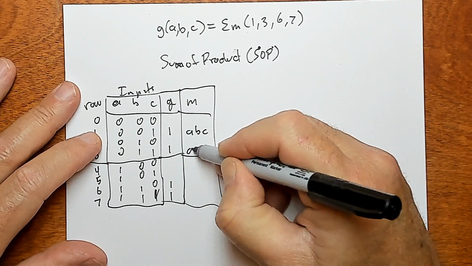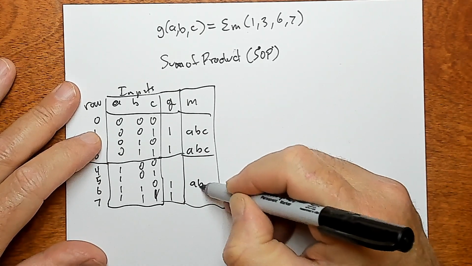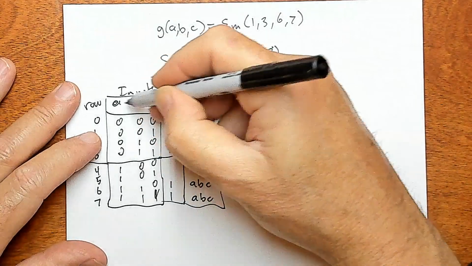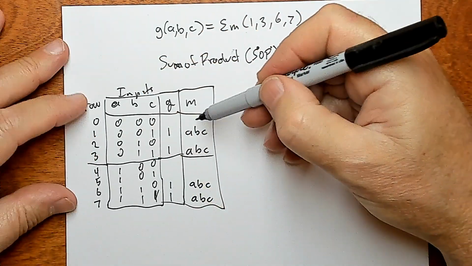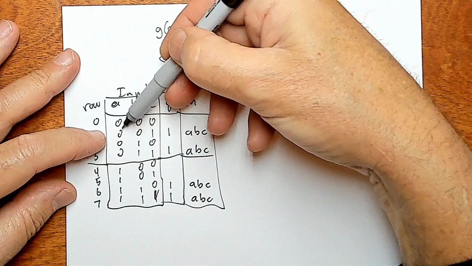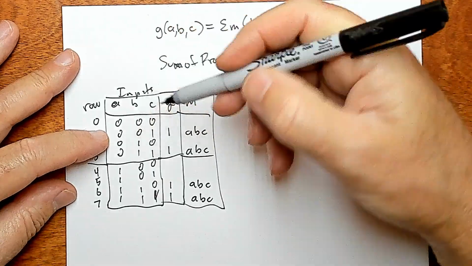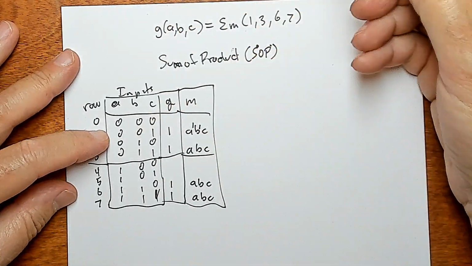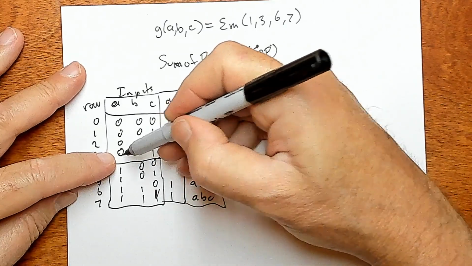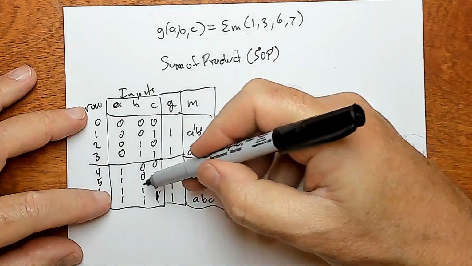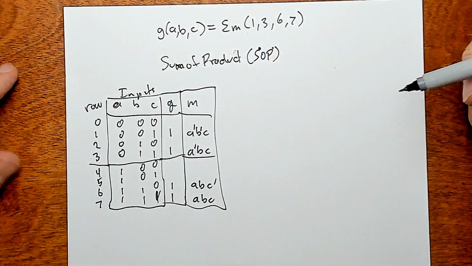They all are whatever inputs we have, in this case 3, listed together, and then they differ in which are NOTed. There's a 0 here and a 0 here, so we'll NOT the A and we'll NOT the B. There's a 0 here, so we'll NOT the A. There's a 0 on this last guy.